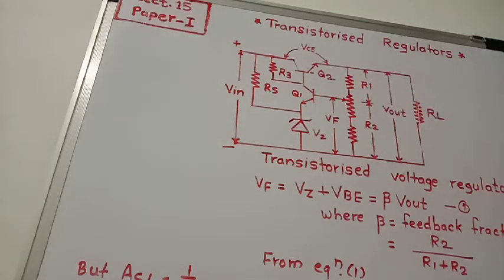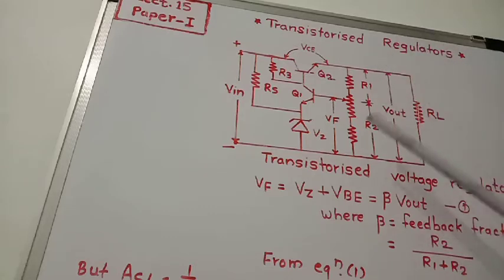Now the two resistors R1 and R2 are connected in series. This branch is called a voltage divider.